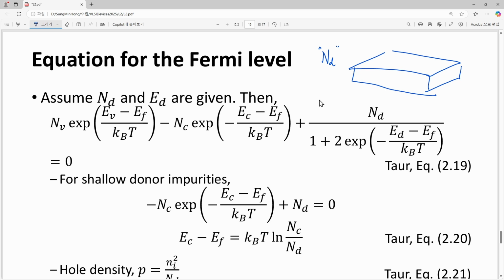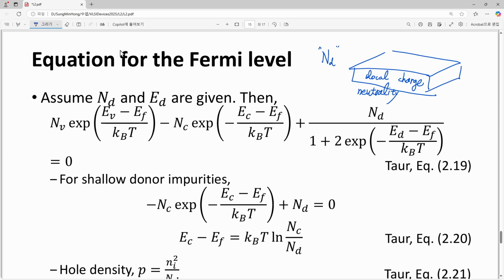Since this system is really homogeneous, we assume local charge neutrality.